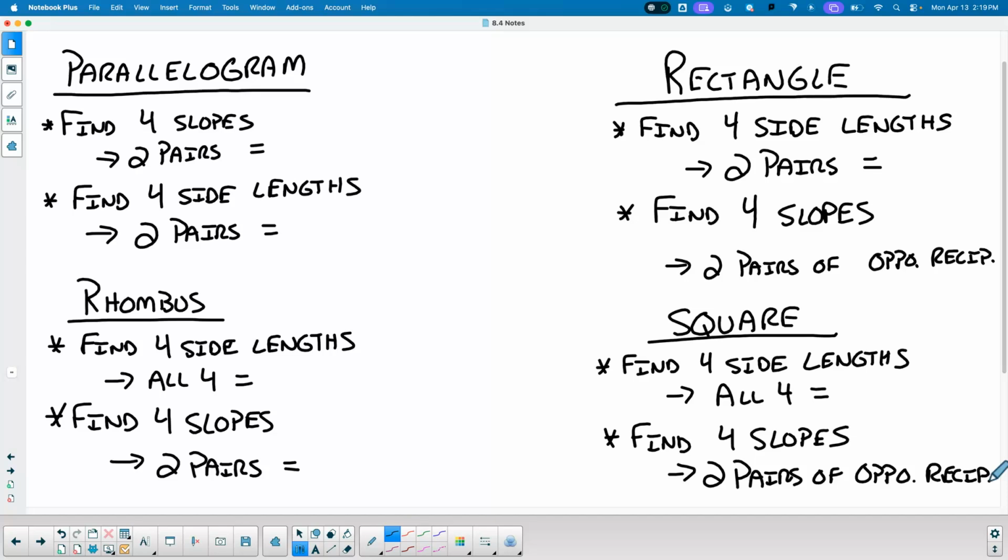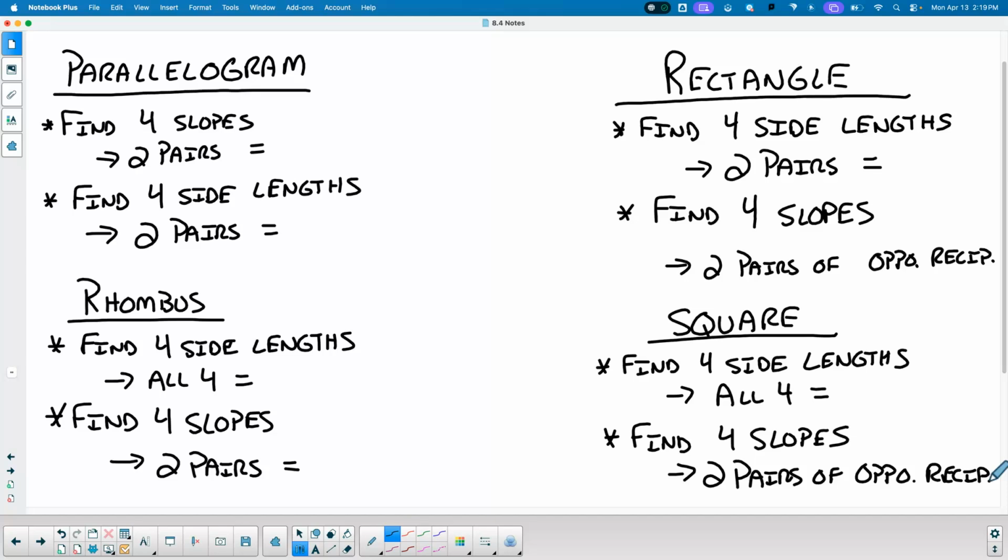So for all of them, how many things do you have to find from the start? 8. Okay, you gotta find four side lengths, you gotta find four slopes for every single quadrilateral from here on out. Four side lengths, four slopes.